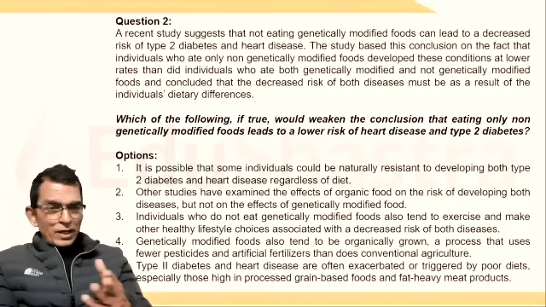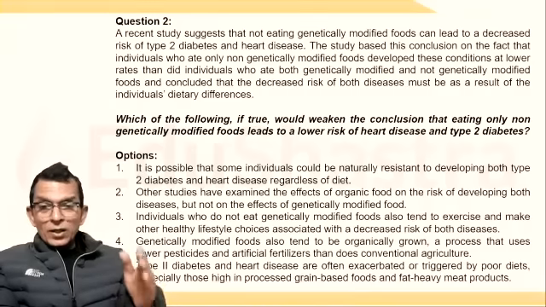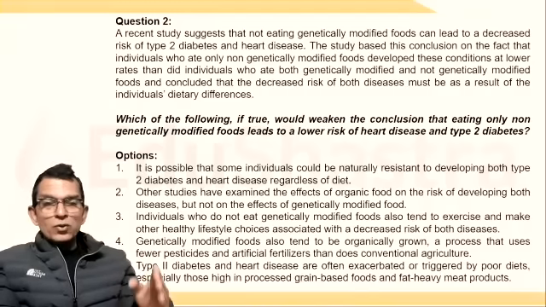And the question is very clear. It says, which of the following, if true, would weaken the conclusion that eating only non-genetically modified food leads to a lower risk of heart disease and type 2 diabetes?